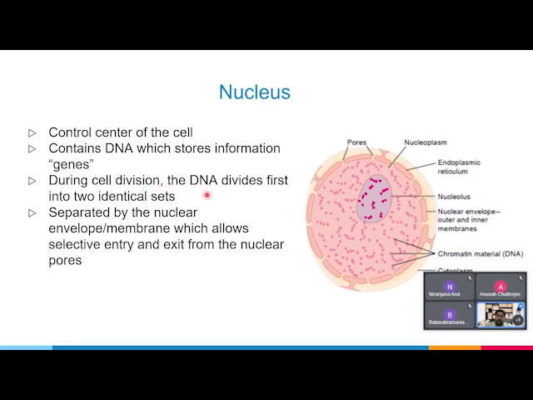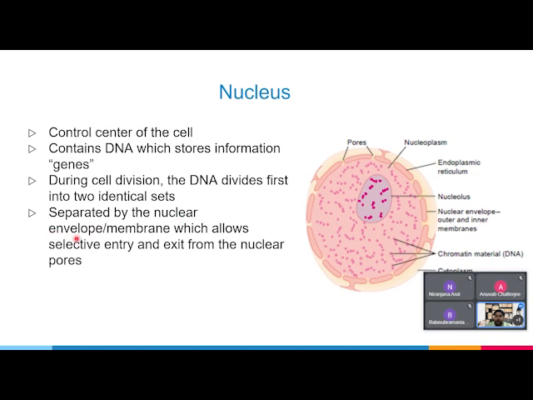During cell division, the DNA divides first into identical sets, after which the cell divides. The DNA division is known as karyokinesis, followed by cytokinesis, that is, division of the cells.